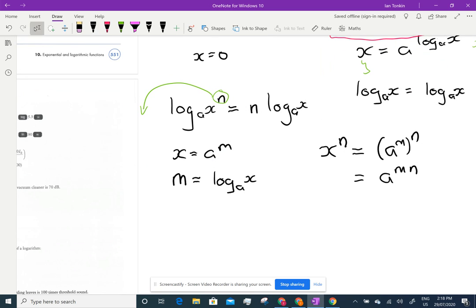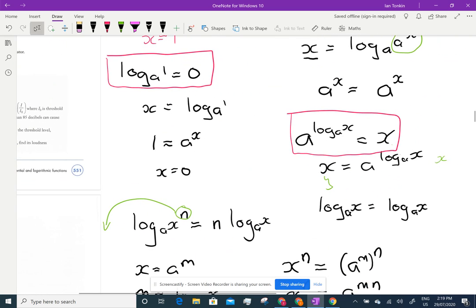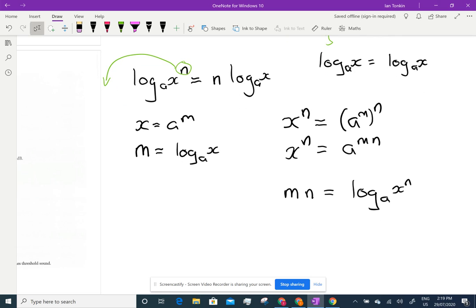Now, and that's what x to the n is. If I now use change of base, I'd use that law, not this one here. If I use my identity, that means that mn equals log a x to the n. Now mn, well, m is log ax.